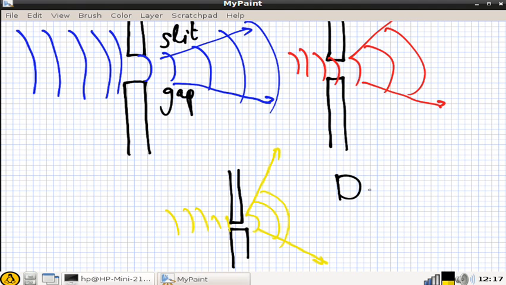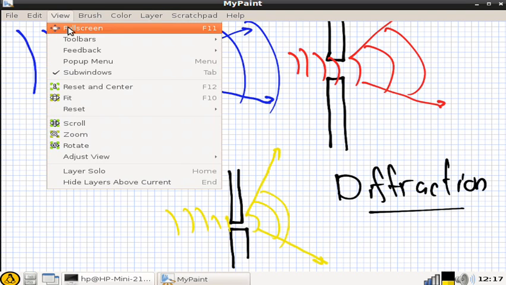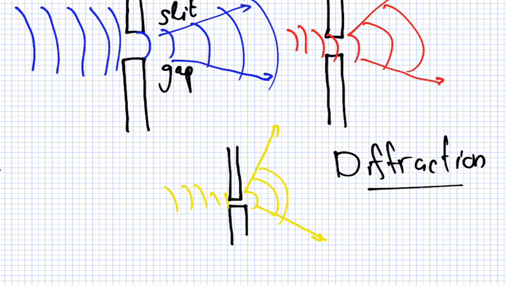So when two waves combine to form a new wave, then the new wave will be the algebraic sum of the two combining waves.